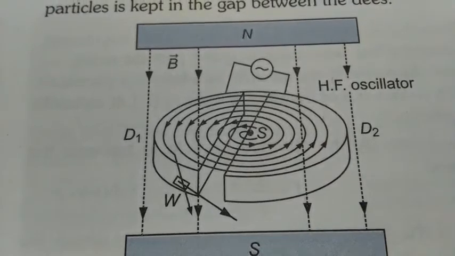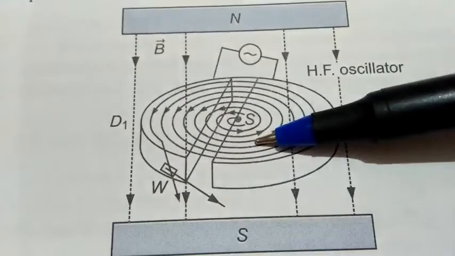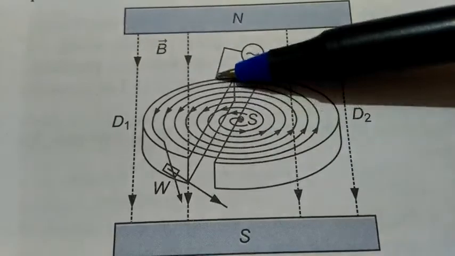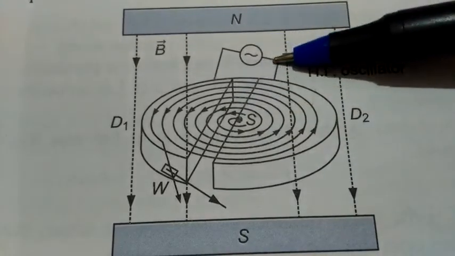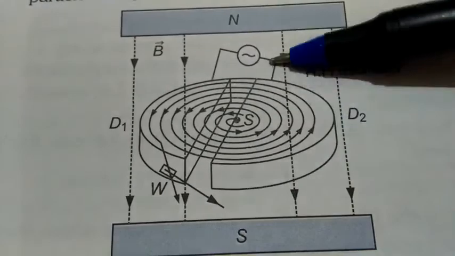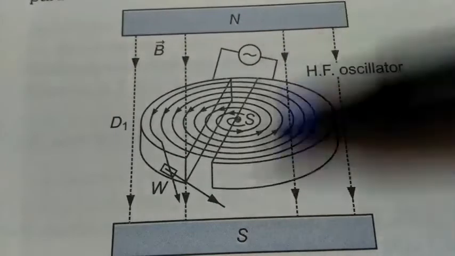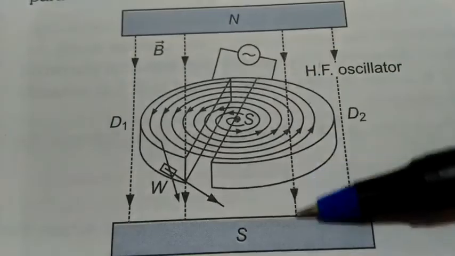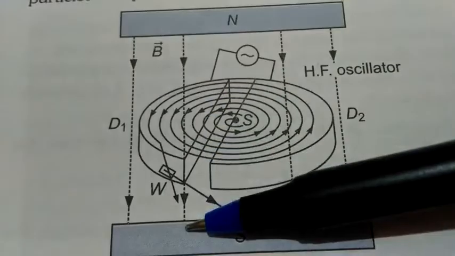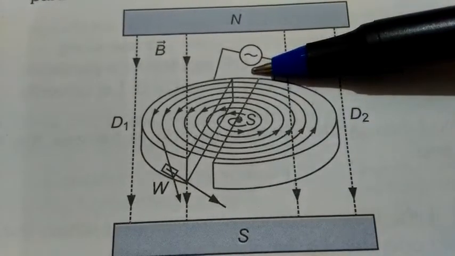So basically what is the arrangement of the cyclotron? Here two metallic shells are placed under an electric field as well as a magnetic field. The direction of the magnetic field is fixed. Here is the N pole, here is the S pole, and this is the direction of the magnetic field. But the direction of the electric field is not constant.